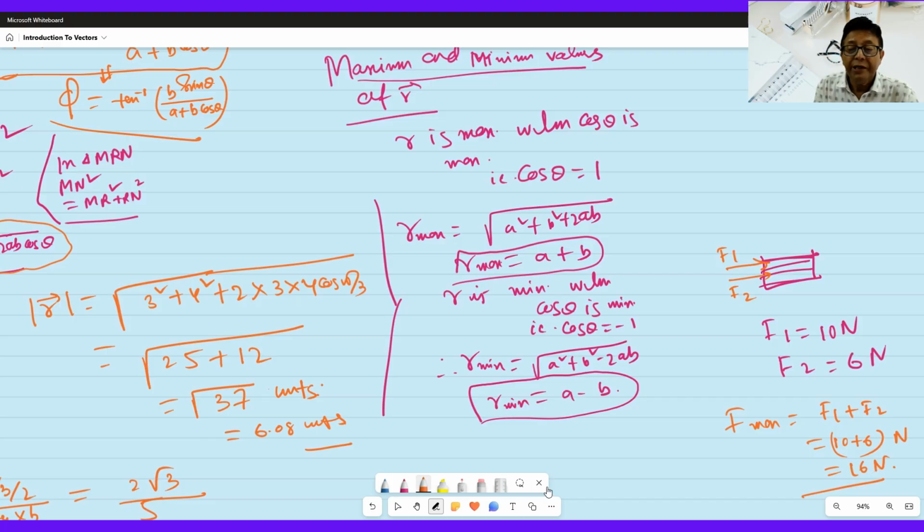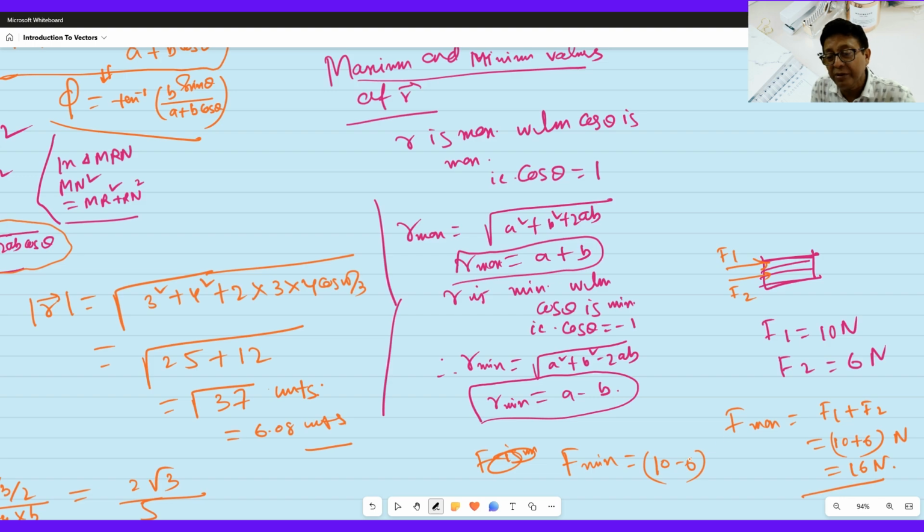F minimum when F min is the difference. This will be this time 10 minus 6. F1 minus F2. Maybe F2 minus F1. Which one larger? That will always be written. Clear? Hope you have understood.